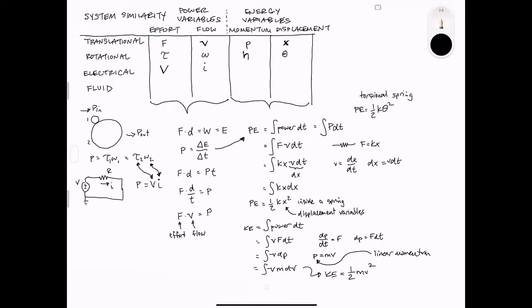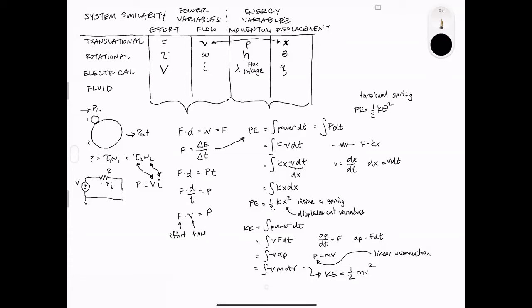We don't go into too much, but there are energy variables of momentum in an electrical sense. In particular, we call that lambda, and it's called flux linkage. The unit of displacement is q, or the charge. So you can see that there's a relationship between x and q right here.